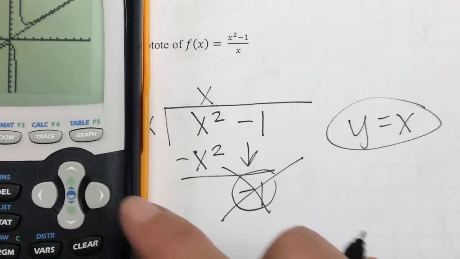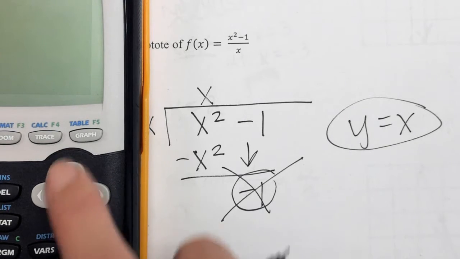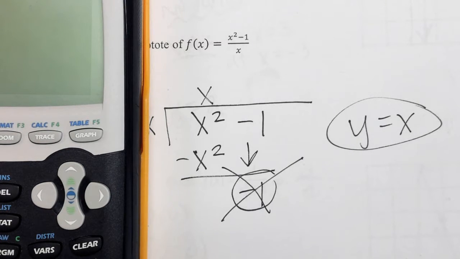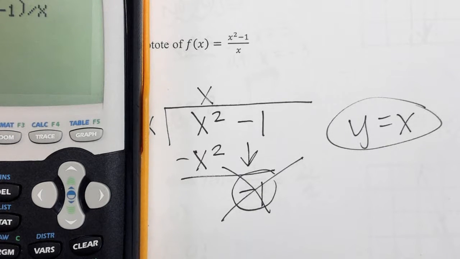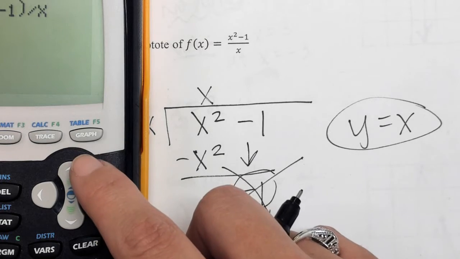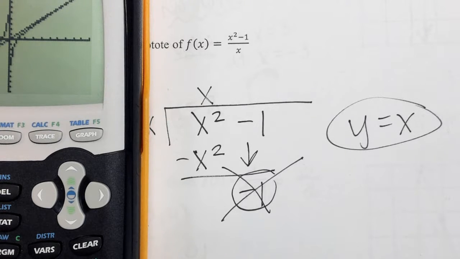I want you to type in both of these equations. I want you to type in x squared minus 1 over x. X squared minus 1 over x. And I also want you to type in the second one, your slant asymptote. There you go.